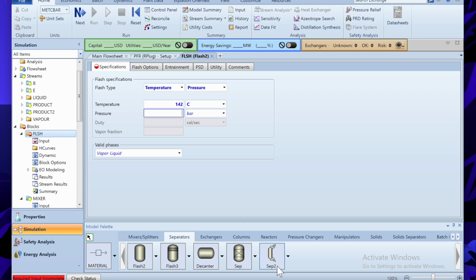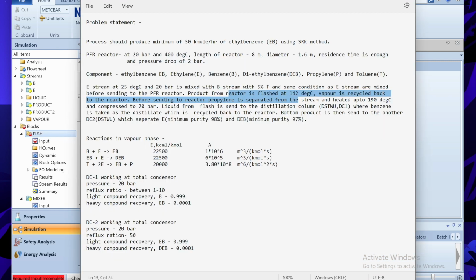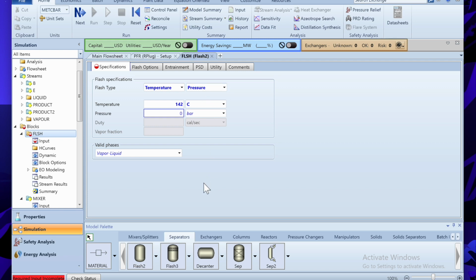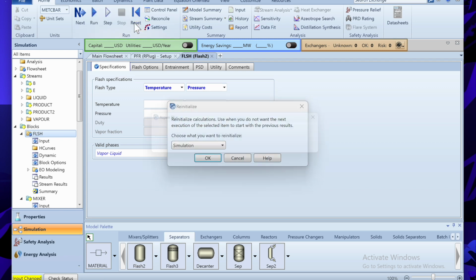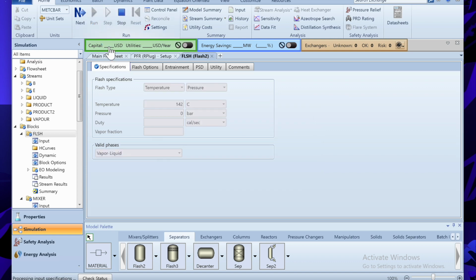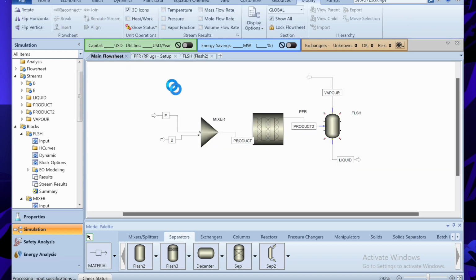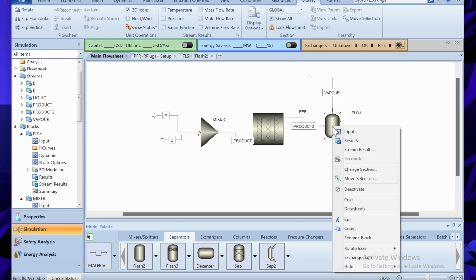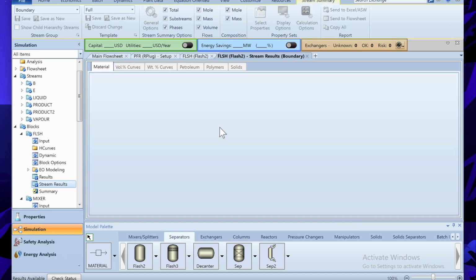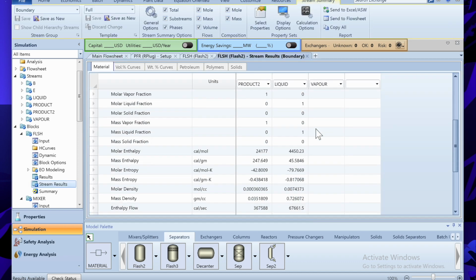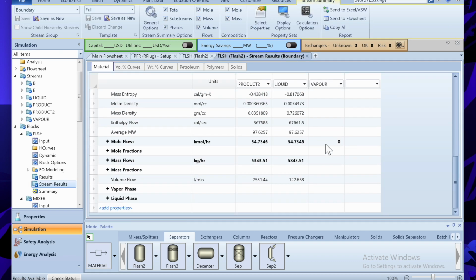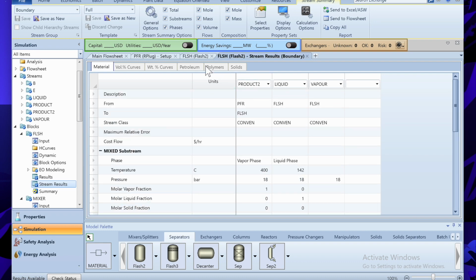There is no pressure drop around the flash. Okay, so you can write it 0, then run the simulation again. Then you can check whether this flash is working properly or not. So there is no component in the vapor phase.